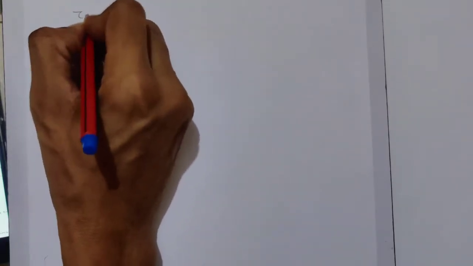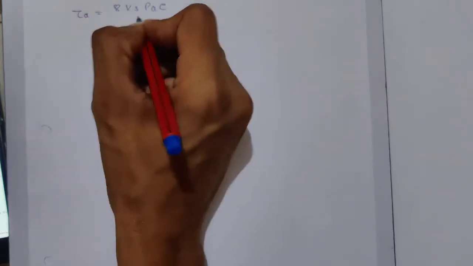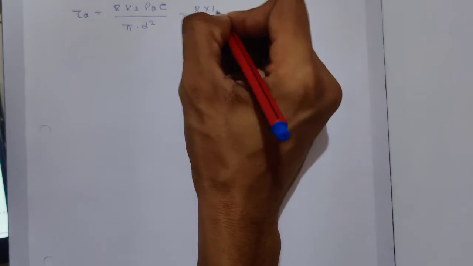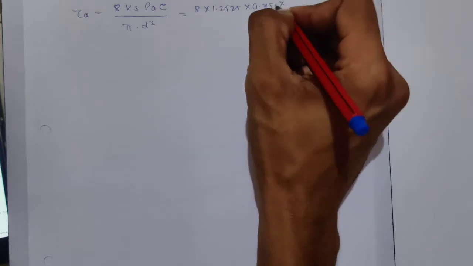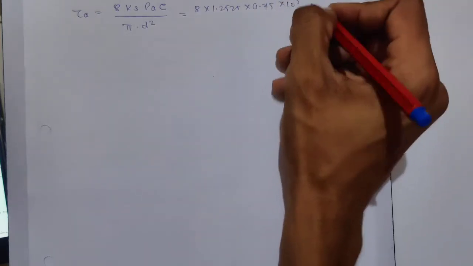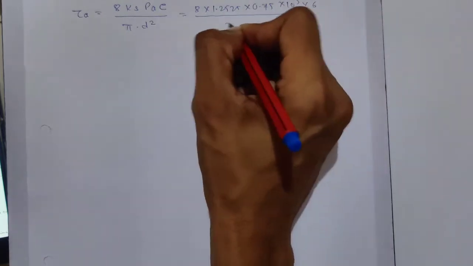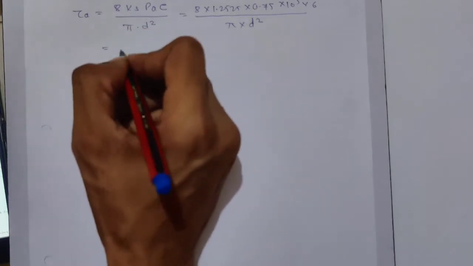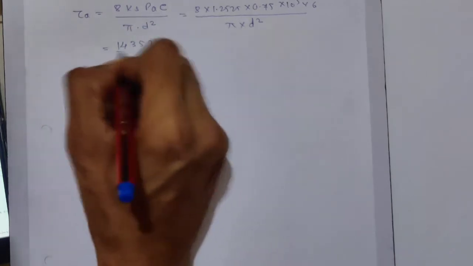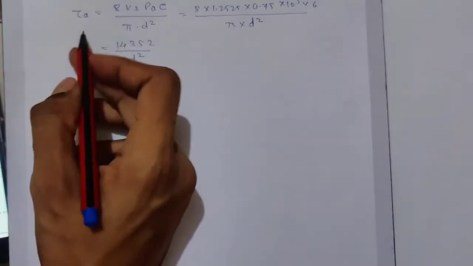So amplitude stress tau a is equal to 8 Ks Pa C divided by pi d square, nothing but 8 into 1.2525 into 0.75 into 10 raised to 3, or you can consider 750, into 6 divided by pi into d square. We don't know the value of d square. You will get something like 14352 upon d square.